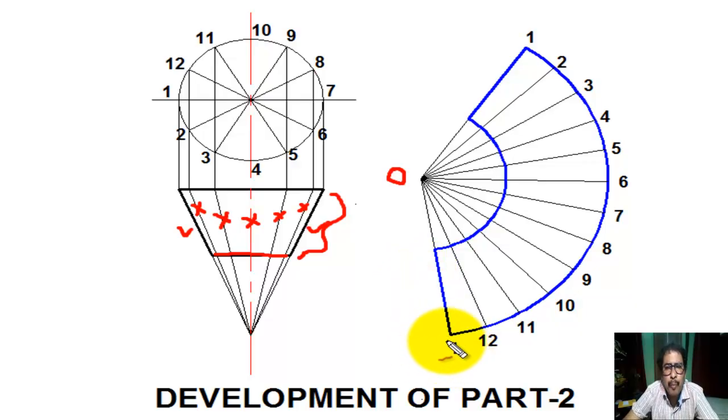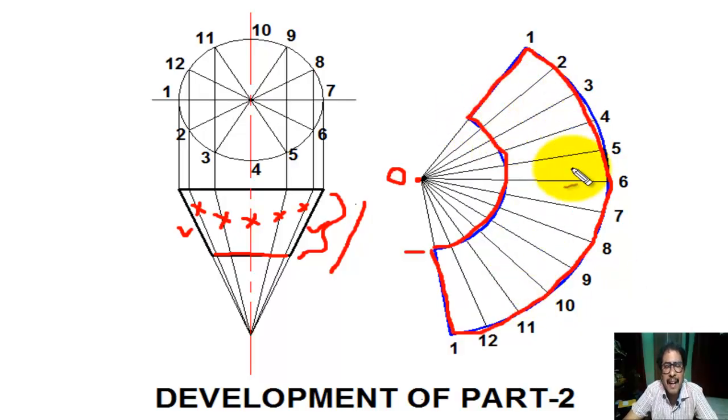Now from 0, 1 we cut this length, and with pencil compass with center O we draw an arc.